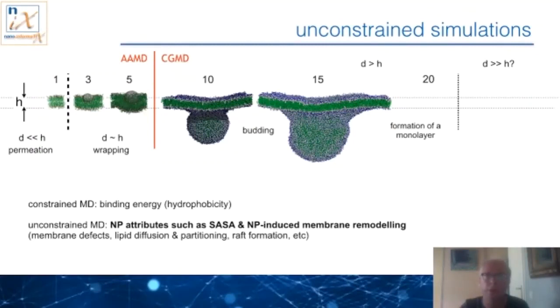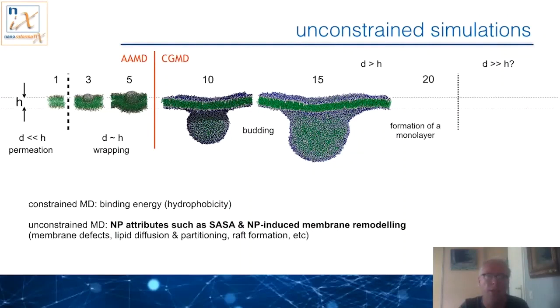And the question is, okay, if we go to even much larger nanoparticles, what will happen? But we have an idea that 15 is a size which is representative for the larger nanoparticles. So what we did is we used constrained MD to calculate the binding energies, as I showed you before, which relates to the hydrophobicity.